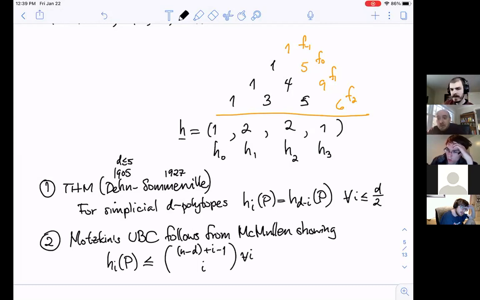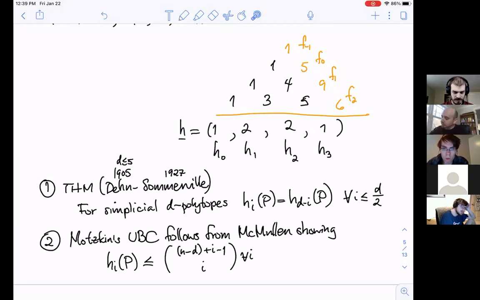So what did Motzkin's conjecture say? He says, if you take these particular kinds of polytopes, they've got more faces than anybody else does, if you fix the dimension and fix the number of vertices.